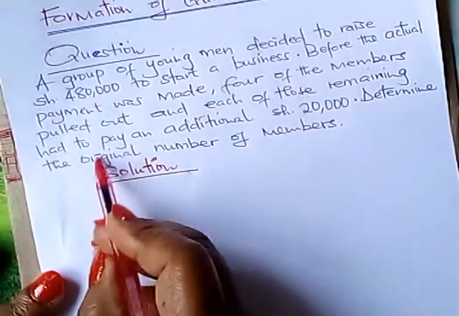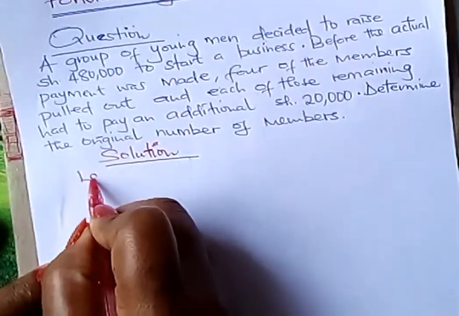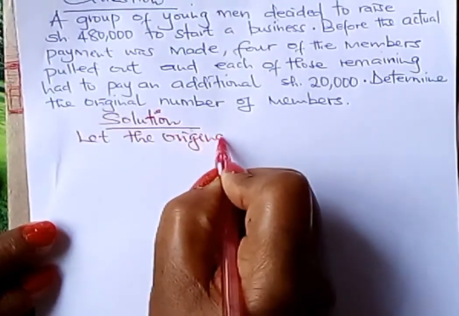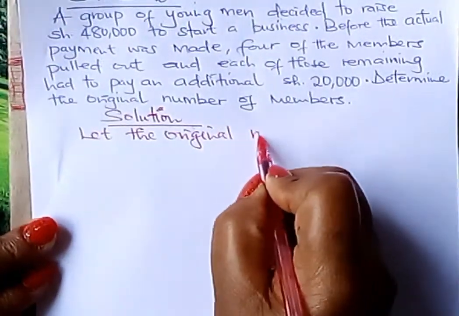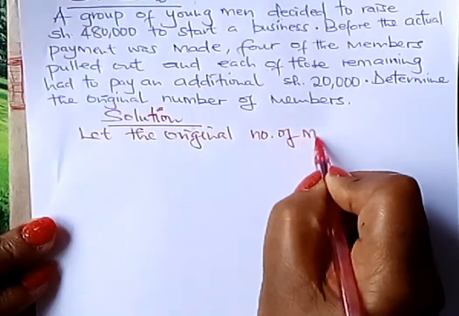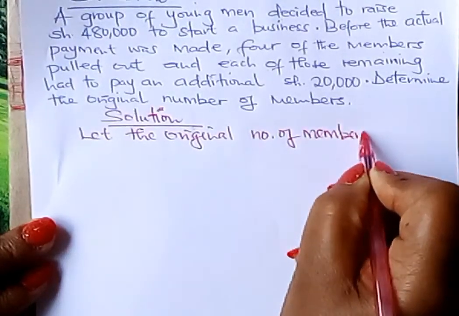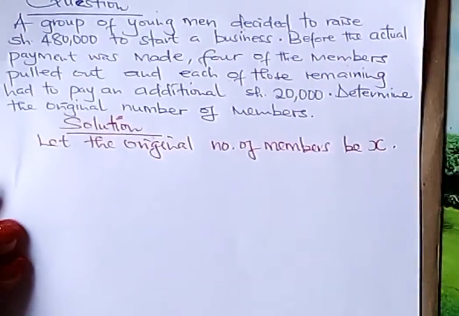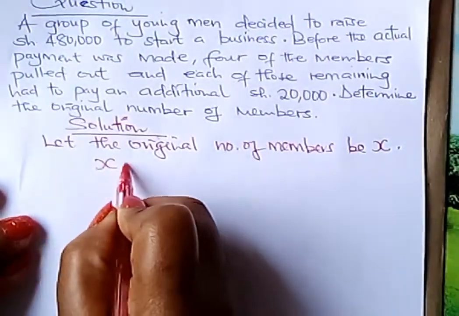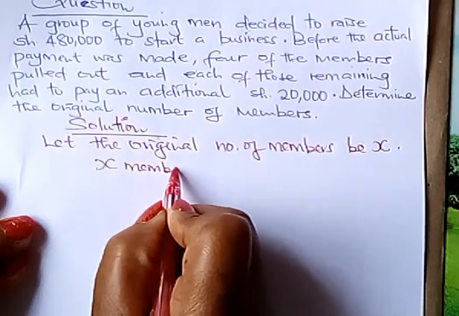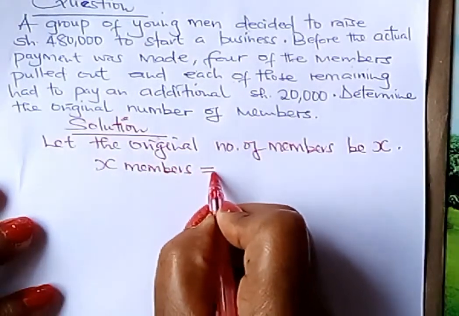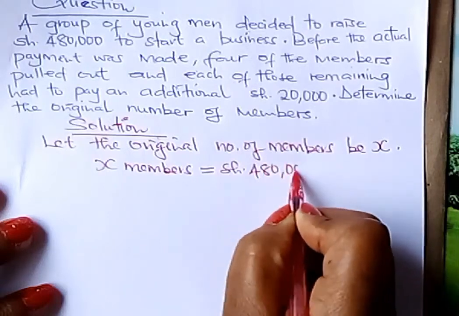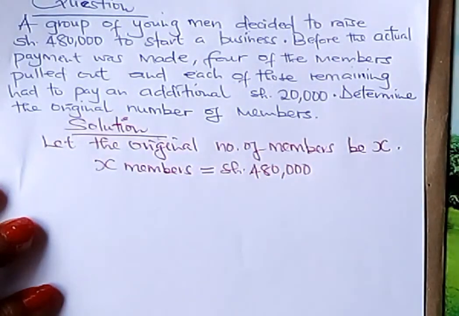So, solution. Let the original number of members be x. Therefore, we can see x members at the beginning were to contribute 480,000 shillings.